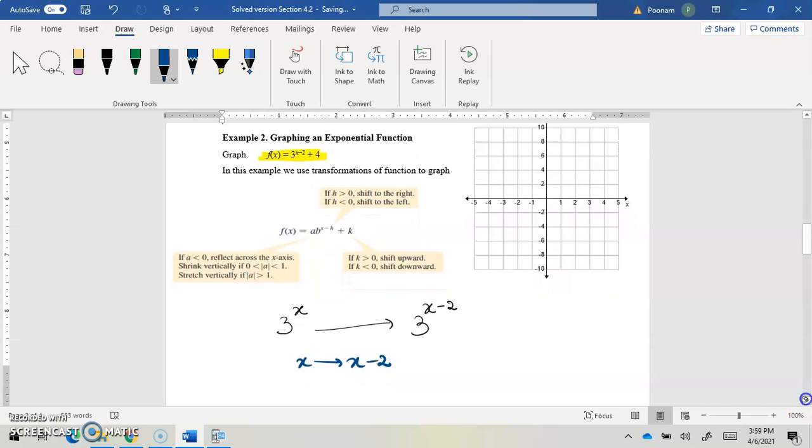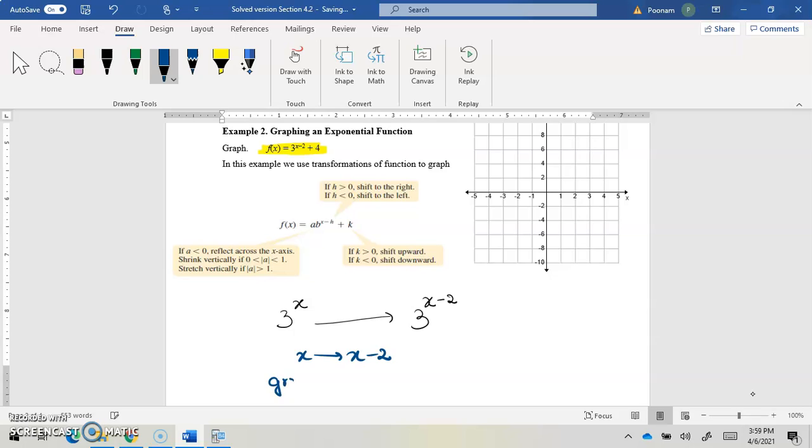So that means graph moves right by 2 units.